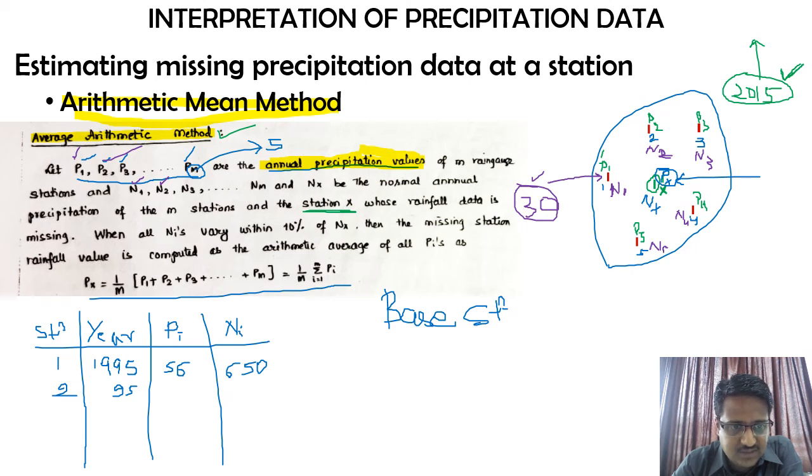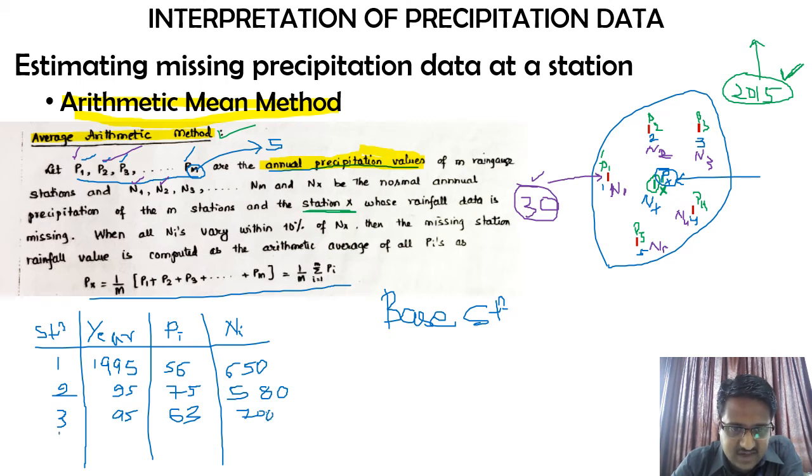Similarly for the second one, the year is going to remain constant. Here let us say I have 75 and here it is 580. Similarly for station 3, this is 95 only. Here let us say I have 63 and here somewhere around 700.